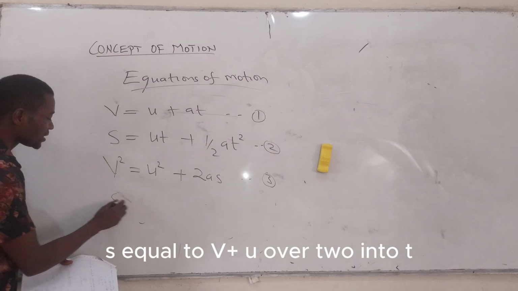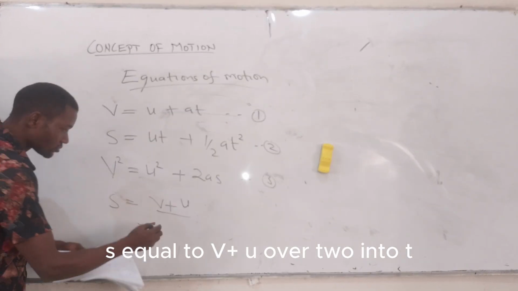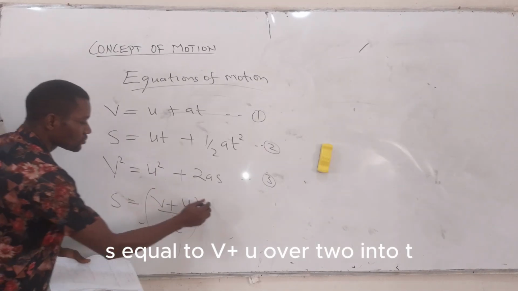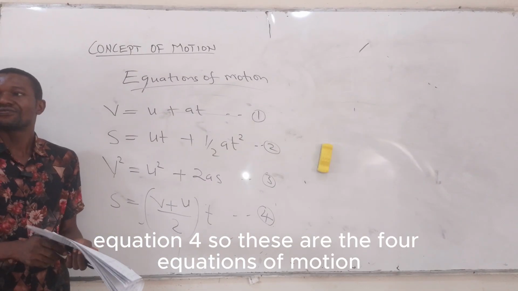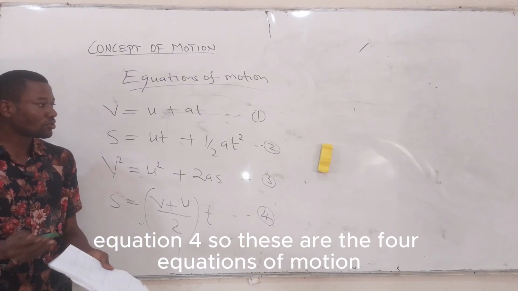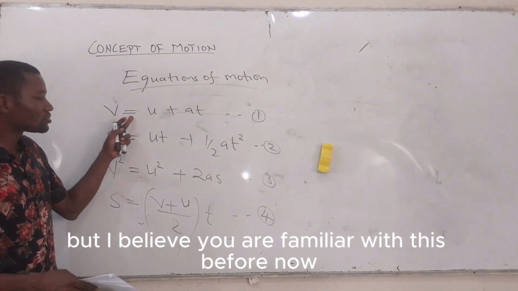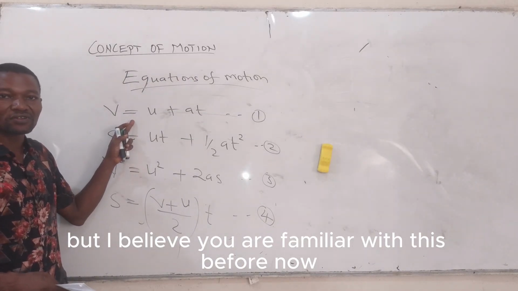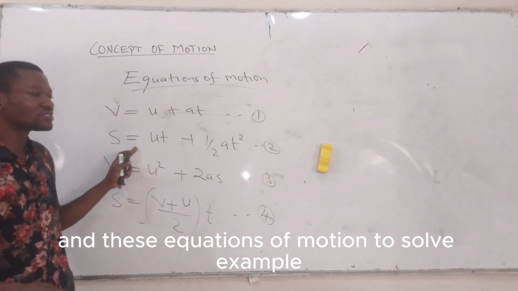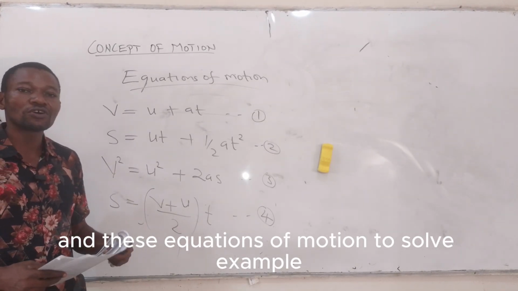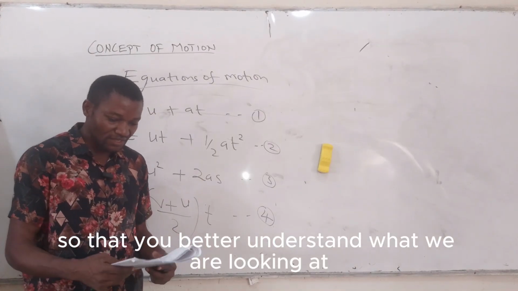And the fourth one, S is equal to (V plus U) over 2 into T, equation 4. So these are the four equations of motion. We will not go into the derivation of these equations, but I believe you are familiar with them before now. So we will be using the graphical method and these equations of motion to solve examples so that you better understand what we are looking at.